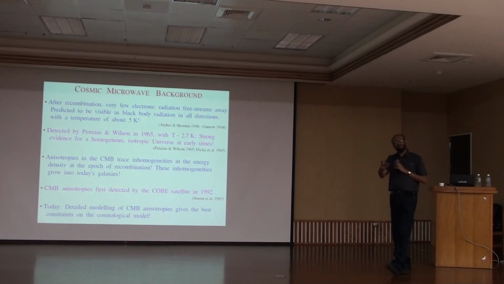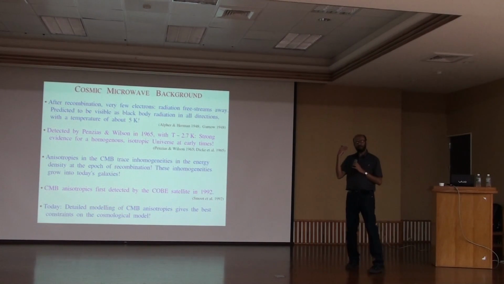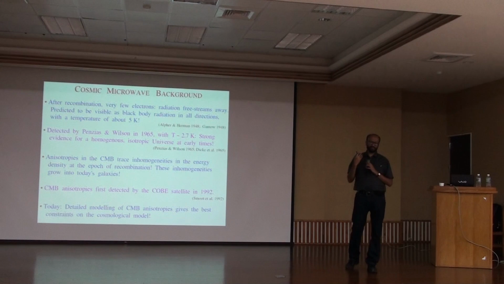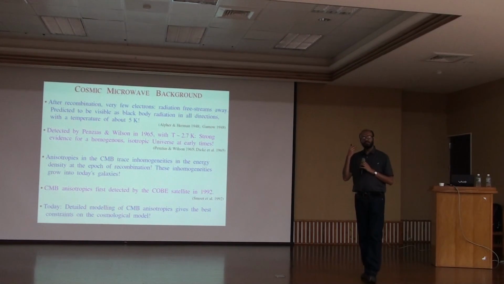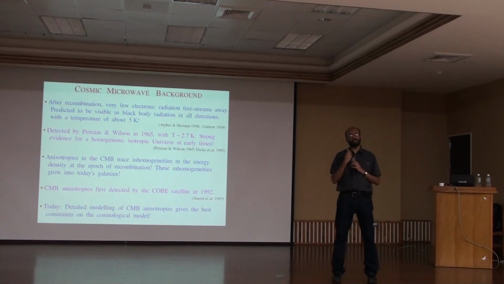And the answer is that in the 1960s, people realized the universe cannot be perfectly homogeneous. It has to be at least slightly inhomogeneous, very slightly. There has to be small perturbations, small places where the density is a little different from the neighboring place.